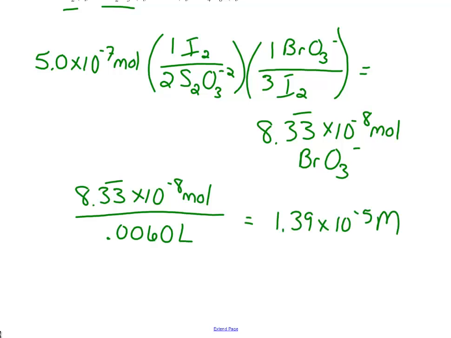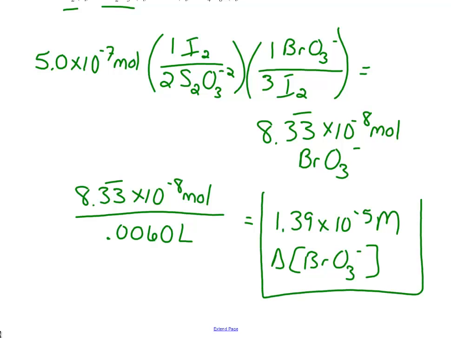So 1.39 times 10 to the negative 5 molar is the change in concentration of the bromate ion for this reaction. So the change in concentration divided by the time is going to give me the rate. So I'm going to use this value and divide it by each of my reaction times, and that will give me the rate for each reaction.